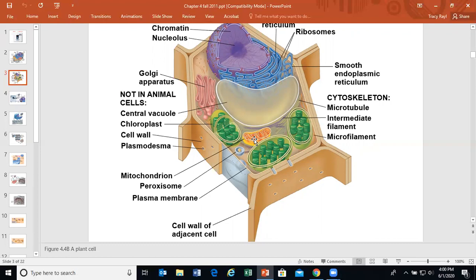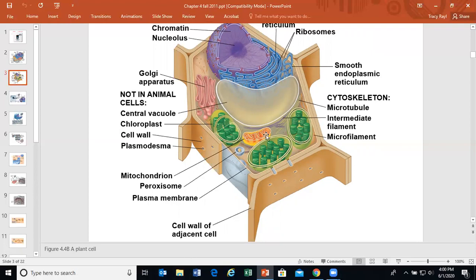So you and I have mitochondria in all of our cells that are carrying out aerobic cellular respiration for us. We all have these bacteria, essentially, these highly evolved bacteria that live in our cells that help us make ATP, cellular energy.